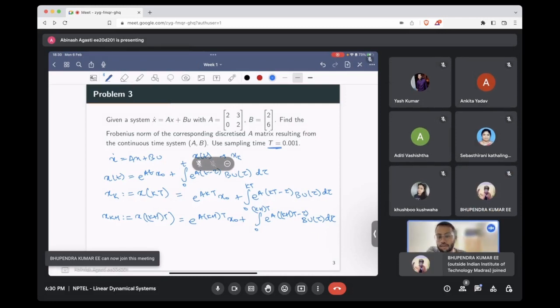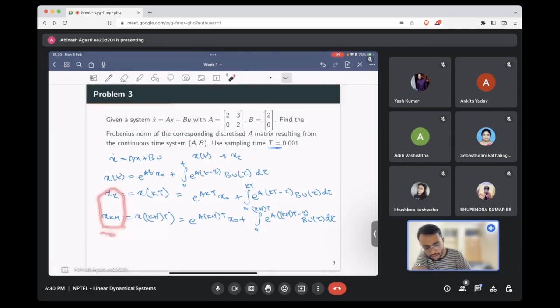Now, can you now find a relation between x of k plus 1 and x of k?